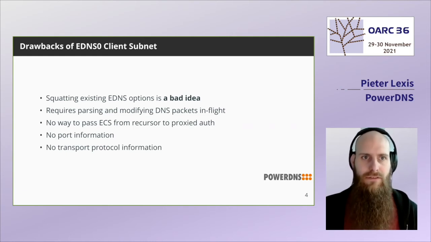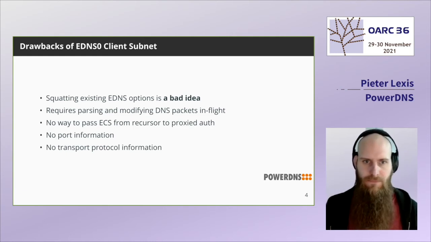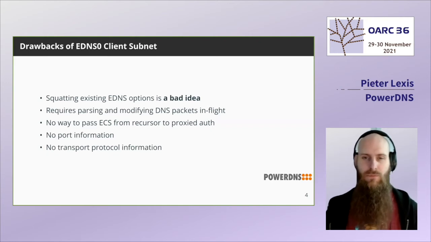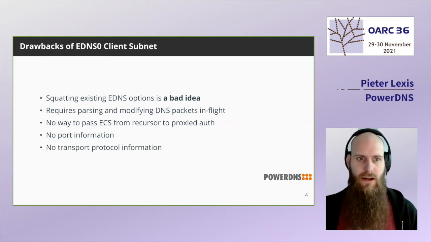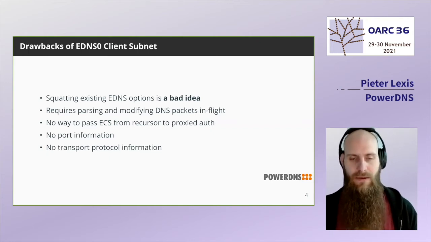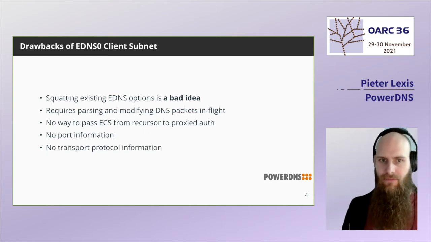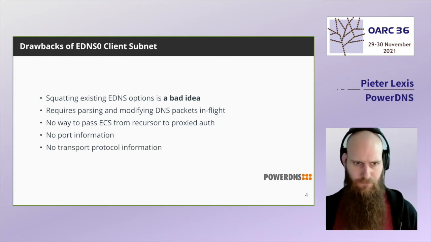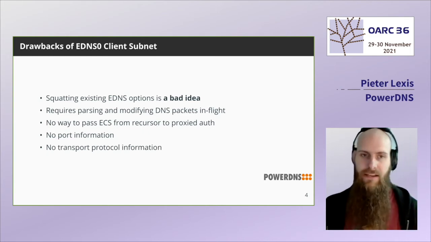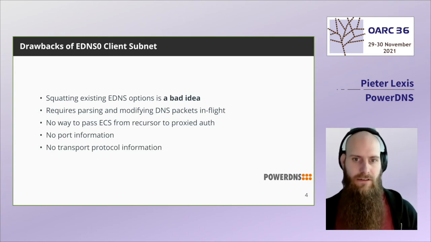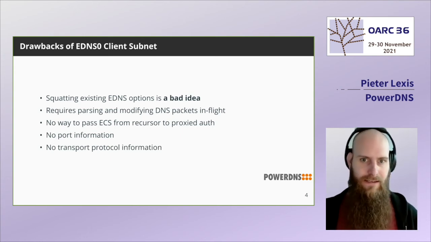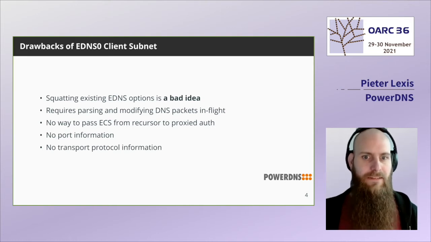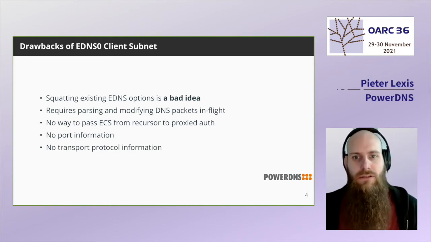One of the drawbacks of using, of course, client subnet is that you're squatting on an existing option, which is usually a terrible idea. It also requires the load balancer to parse the DNS packet in flight and modify it. Maybe even breaking TSIG, so you would have to strip it out at the backend again, and the backend also has to be modified.